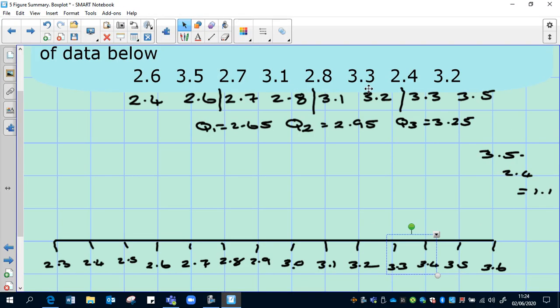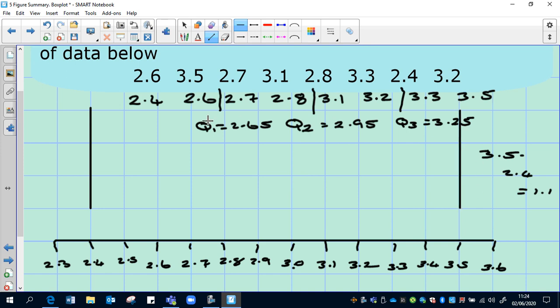So again, the first thing I'm going to do is I'm going to put in my lowest, which is 2.4. And then I'm going to put in my highest, which is 3.5, just straight through my work in there. Then we're going to do 2.65.